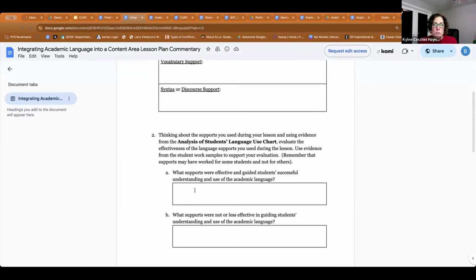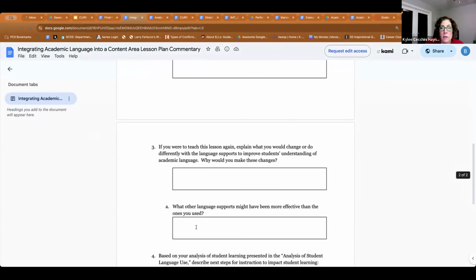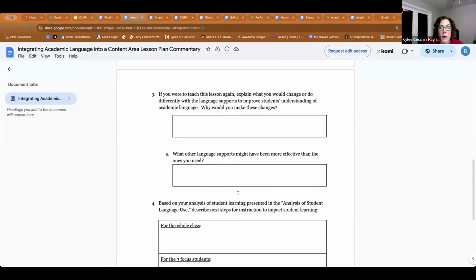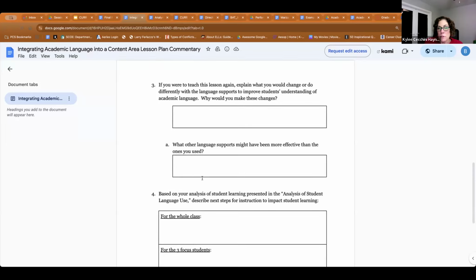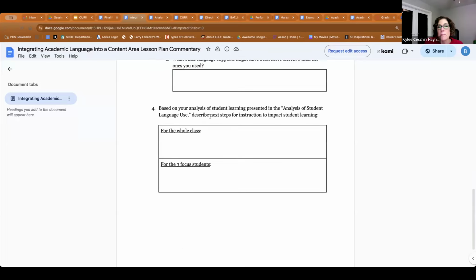And then you're just answering these questions. What supports were effective and guided students' successful understanding and use of academic language? What supports were not or less effective in guiding students' understanding? Okay. So you're just answering these questions, all right? Like, based on your analysis of student learning presented in the analysis of student language use, that other document, describe next steps for instruction.